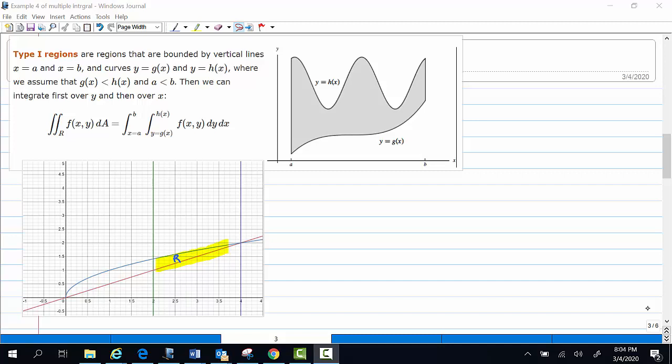Type 1 region is enclosed by 2 vertical lines, x equal to a and x equal to b. So for this case, we have x equal to 2 and x equal to 4. These 2 vertical lines enclose the region.